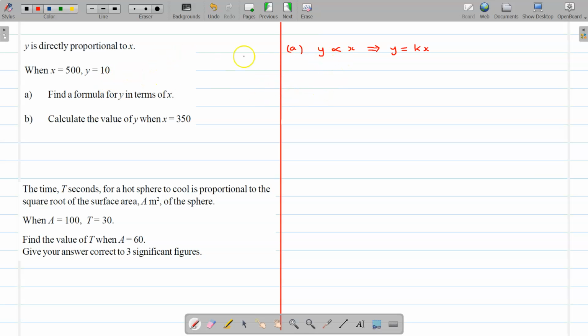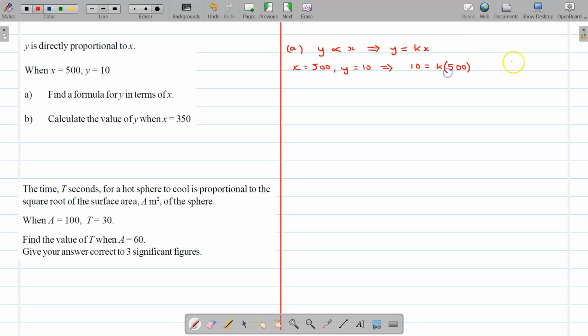Okay, so we're told that when x is 500 and y is 10, then we know that if we substitute those into here, we get that 10 equals k times 500.